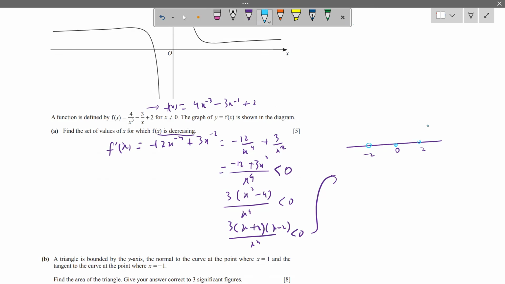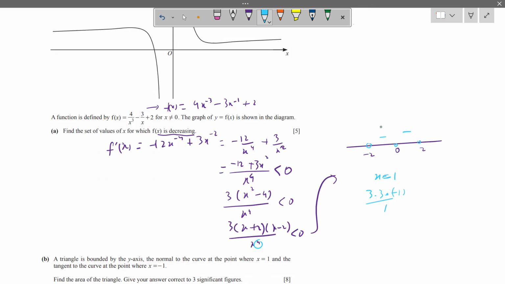So now we test values of x in these intervals. If x is equal to 1, then we get 3 times negative 3 over 1, which is going to be negative. So this is negative. Now we know that 0 here comes from x to the power 4, which has an even degree, which means that when you cross this point, the sign doesn't change.